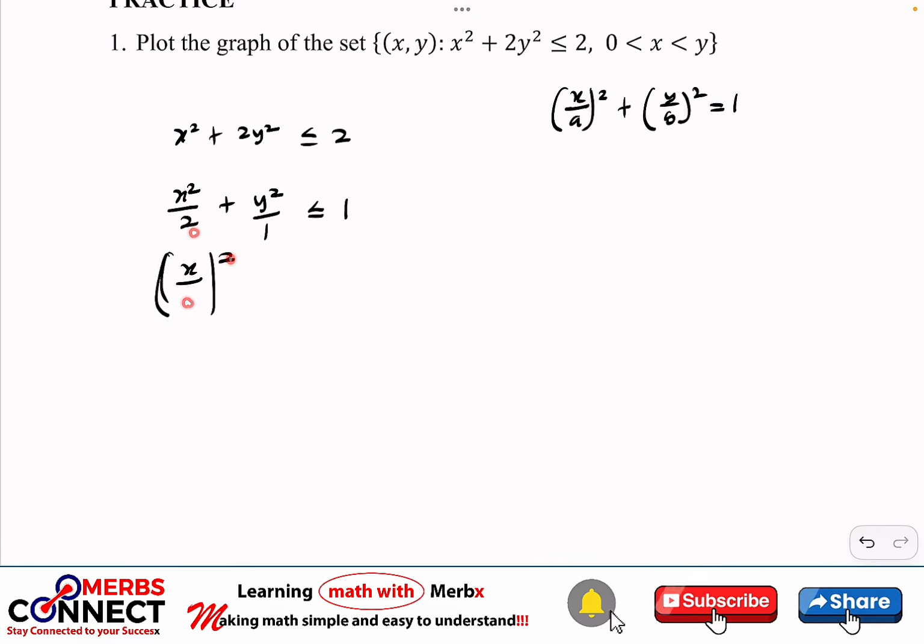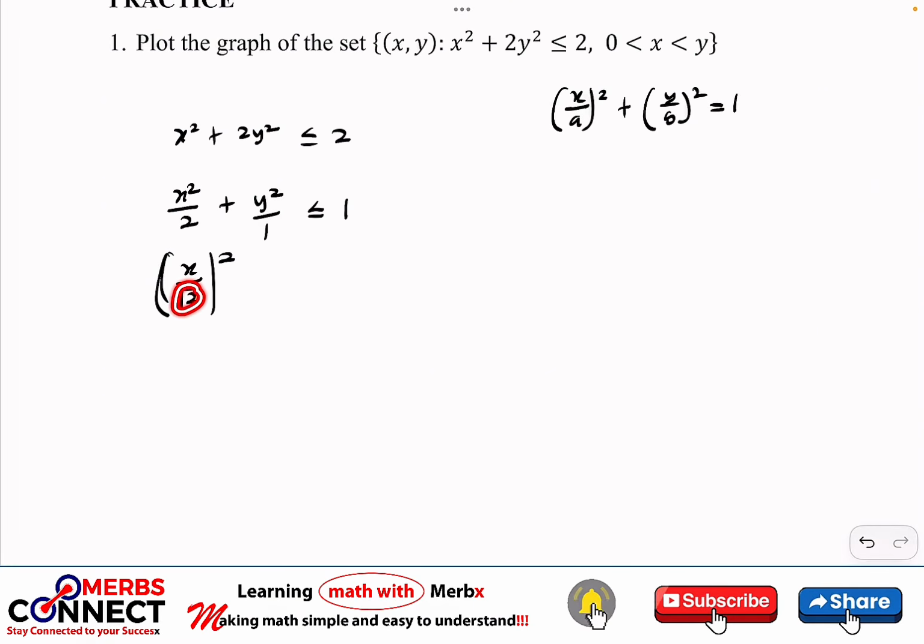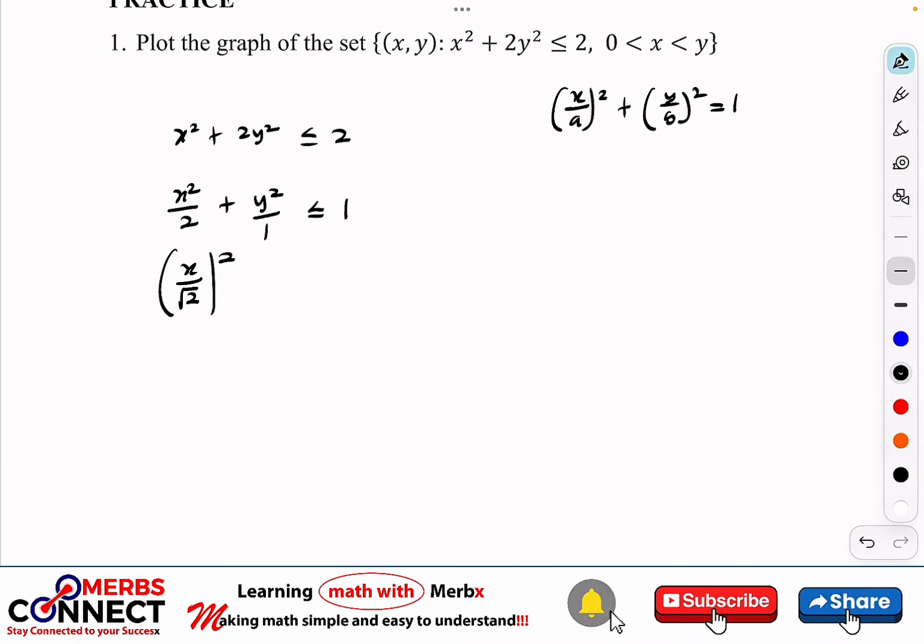So the best way to do this is to find the square root of 2, right? So square root of 2 squared is going to give us the 2 here. So that's what you are going to get from there. And then plus 1 squared is the same as 1, so we can have this one as 1 divided by this, squared less than or equal to 1. So this is what we are going to get here.